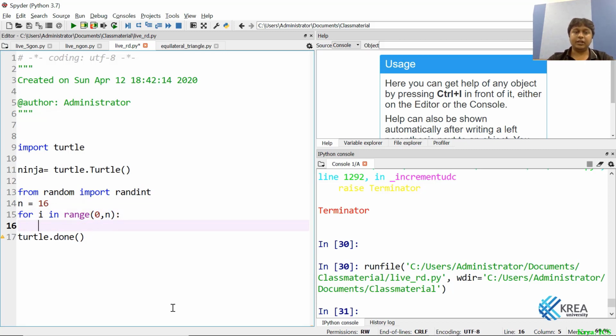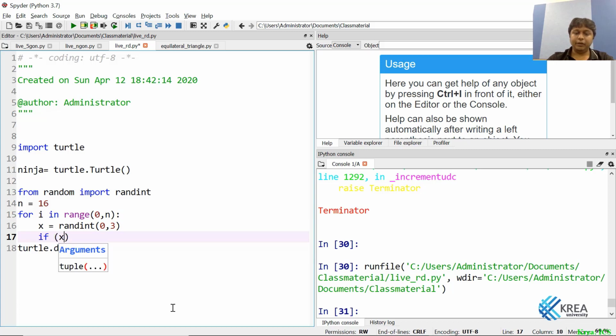We first generate a random number between 0 and 3, so x can take the value from 0 to 3, and we put a few conditions.